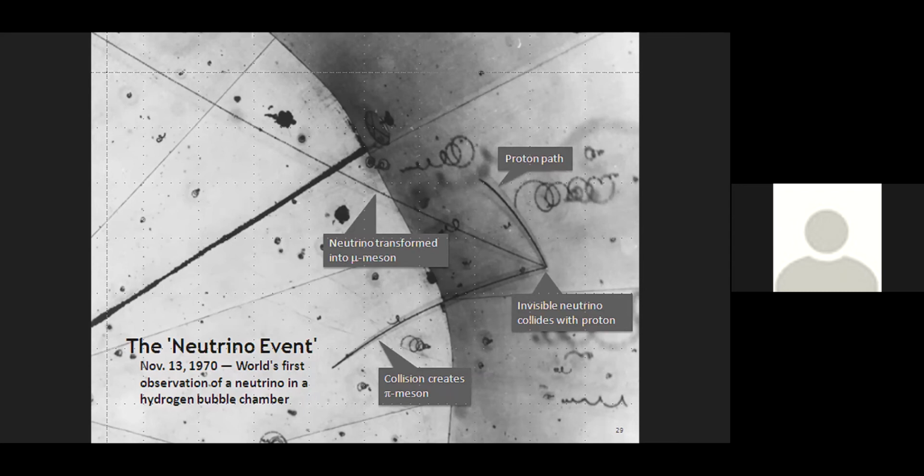It won't interact with light at all. It won't emit. It won't absorb. So that's great. It doesn't interact with the strong force at all. So that's perfect. It interacts with the weak force, but that's okay because the weak force interacts with matter so rarely that it won't make much difference. And it does have a tiny amount of mass. So maybe the neutrino could explain dark matter.